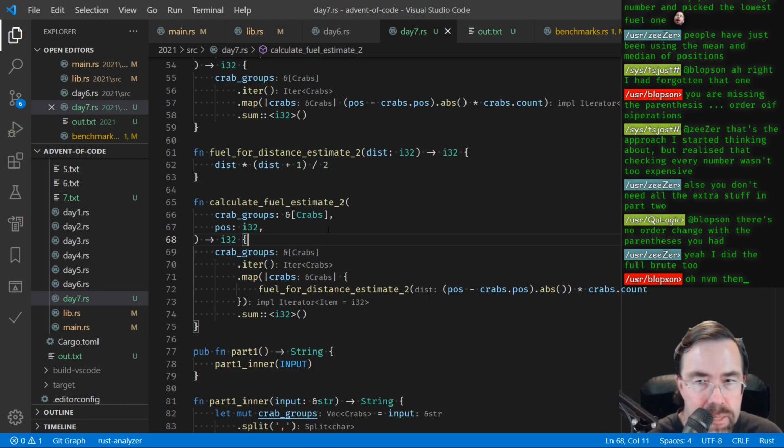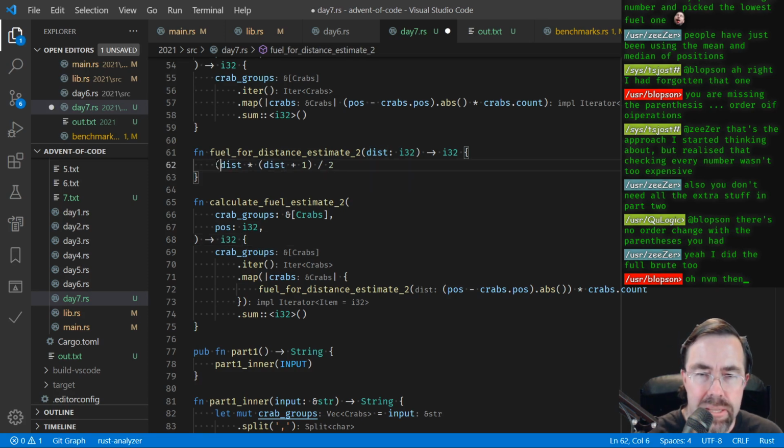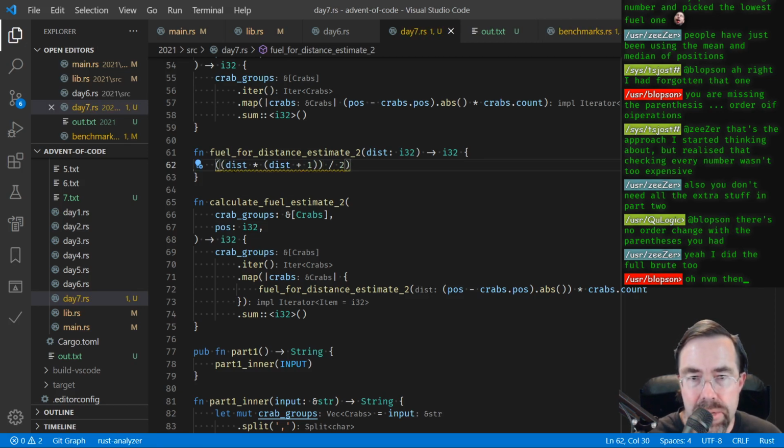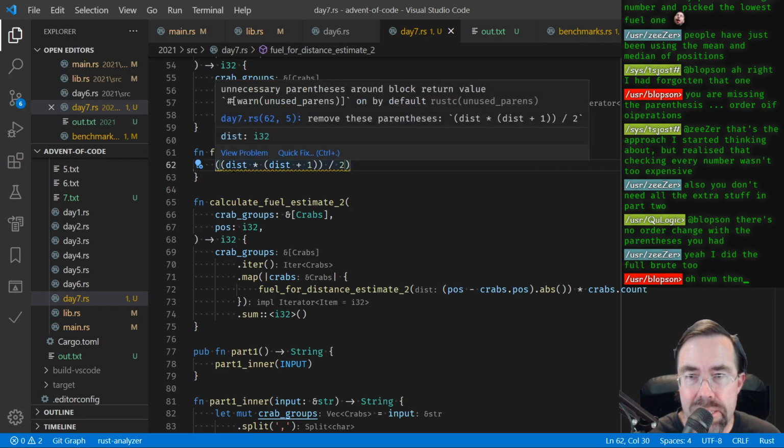Yeah, that's one thing that I just got in the habit of. I just know that. I mean, I think if we could just add that, and I don't think Rust will tell us that it's unnecessary, so we can keep that, just in the spirit of being more clear to a reader. If you have too many parentheses, Rust will actually tell you, hey, you don't need so many parentheses. Unnecessary parentheses.